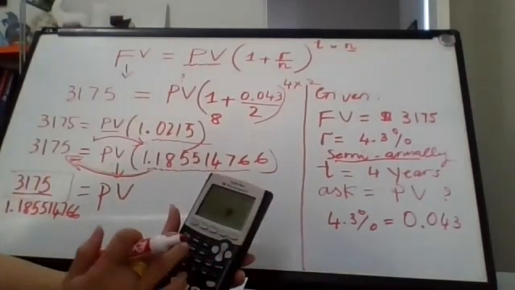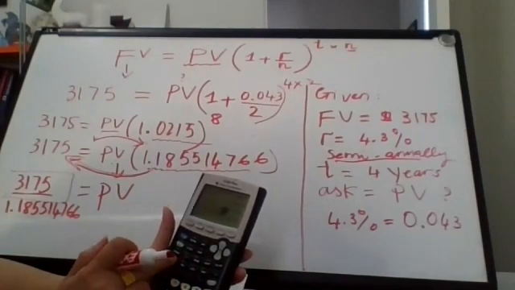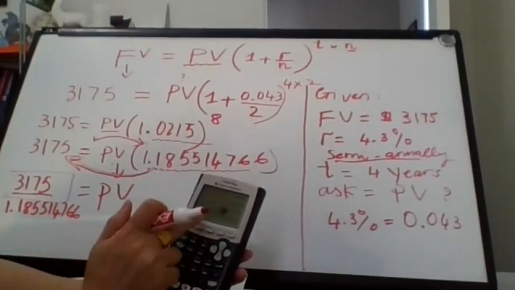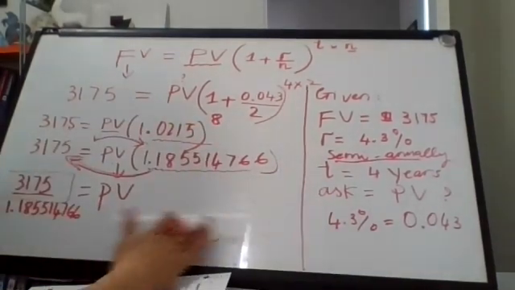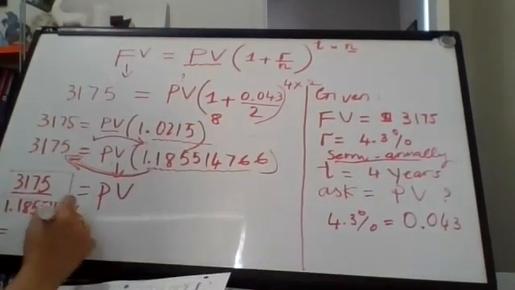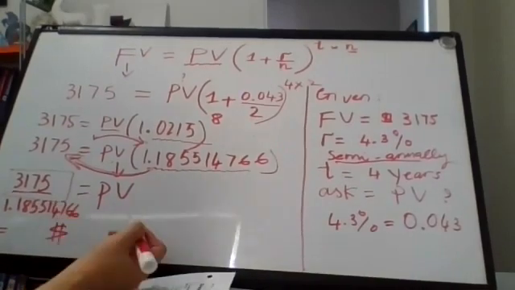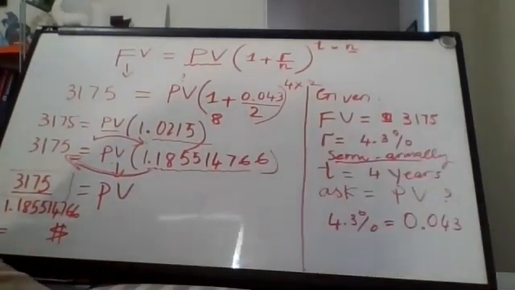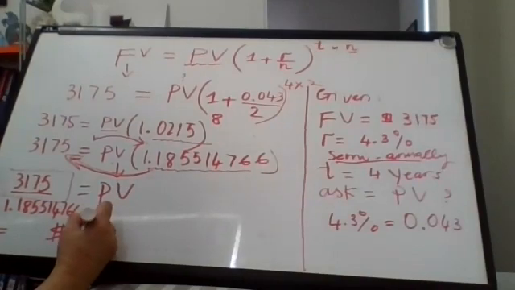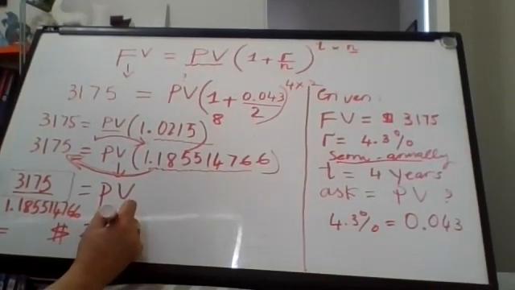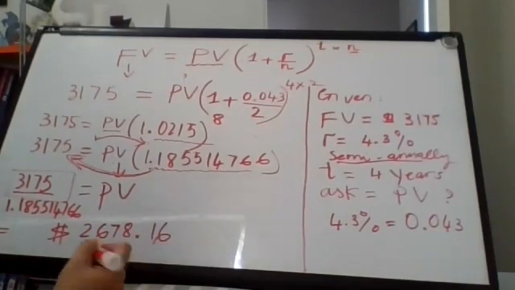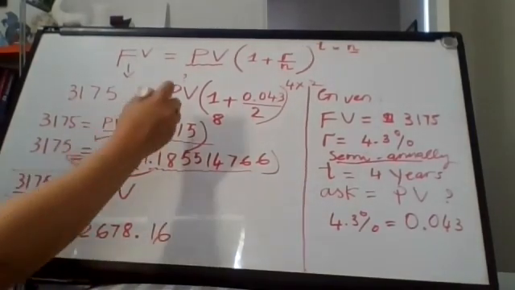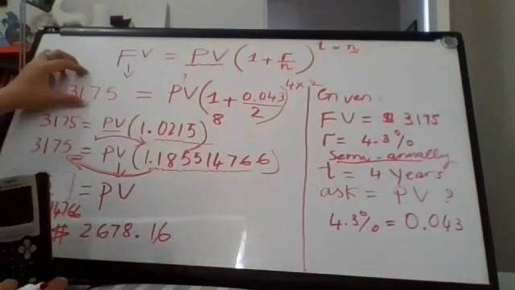You hit this X with the -1 on top on the calculator, you enter, and you get the answer. Now you have to put in the dollar unit because that's your final step: 2,678.16.